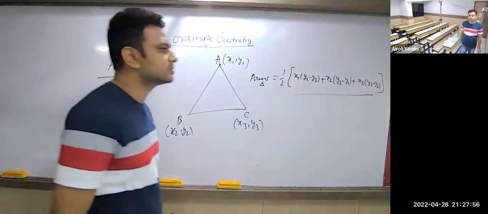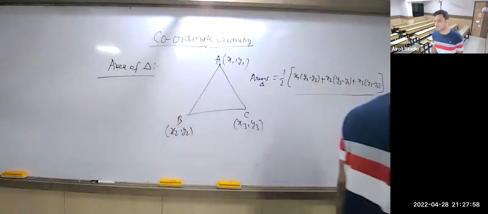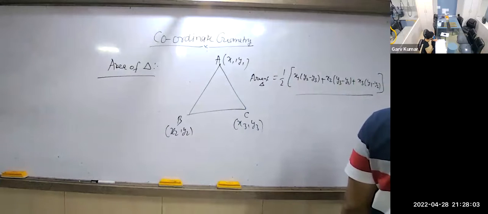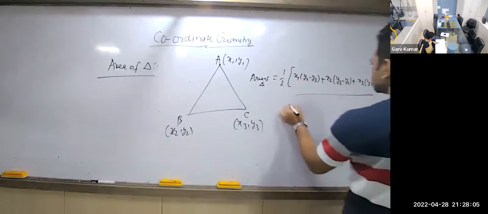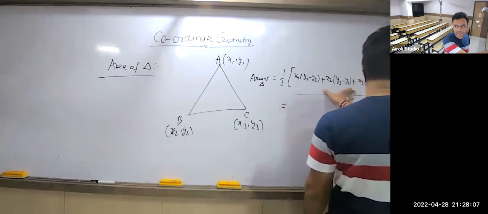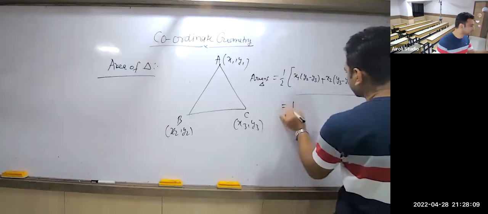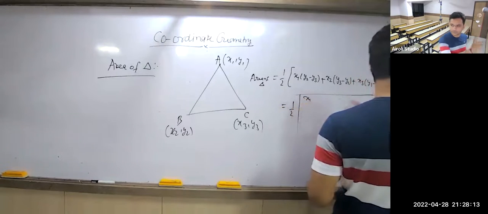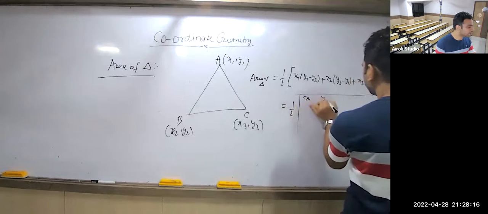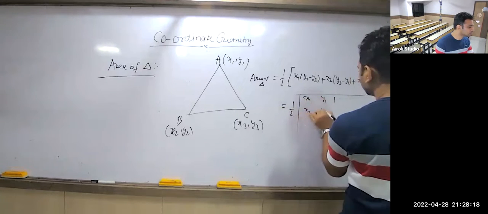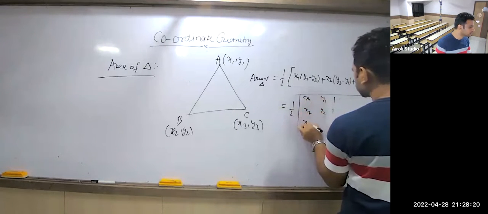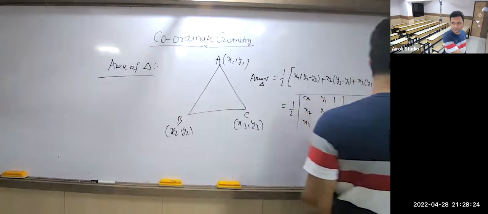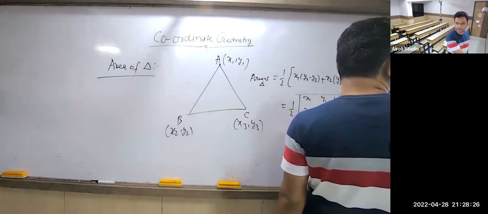As you are in 12th class, I think you have studied determinants also. So if you don't want to remember this formula, you can directly write it as half of the determinant of x1 y1 1, x2 y2 1, x3 y3 1.